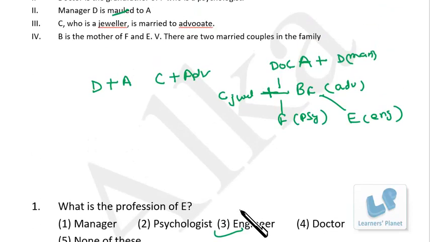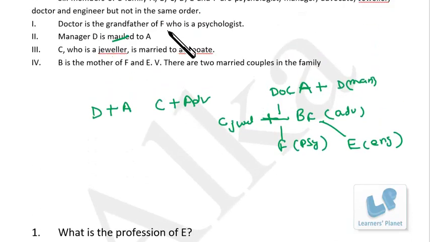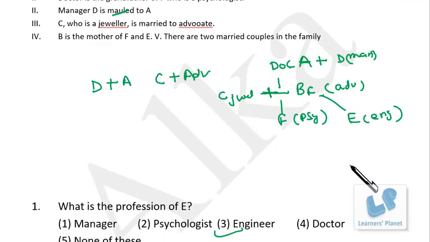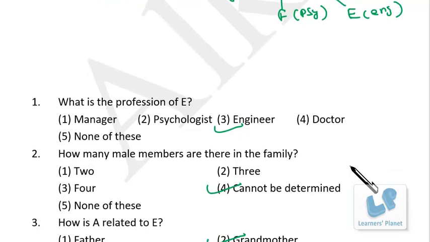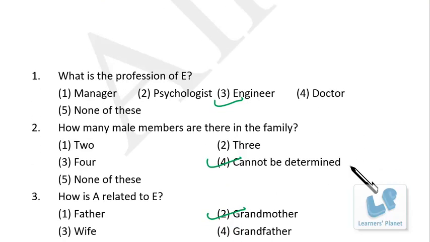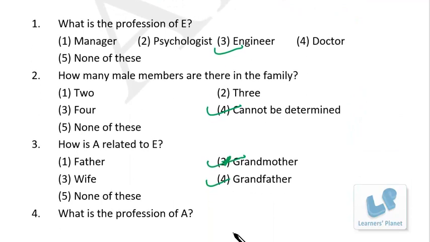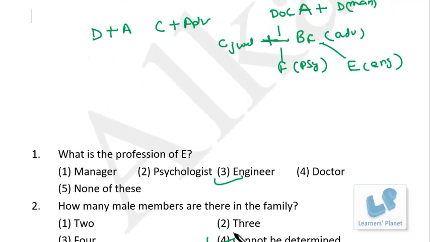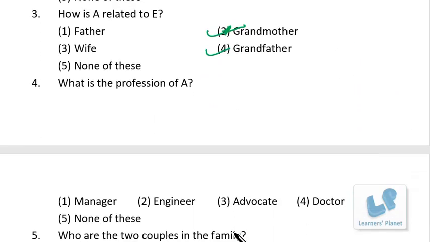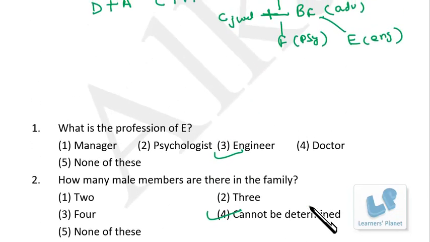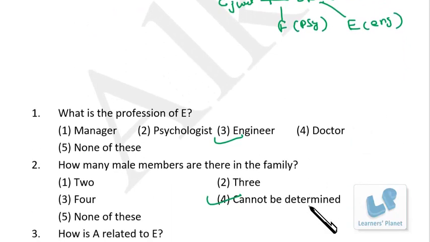It's already given. Doctor is grandfather of F, so F and E are siblings. So A is grandfather, I'm sorry, not mother, grandfather. What is the profession of A? Doctor. Who are the two couples? That is AD and BC.